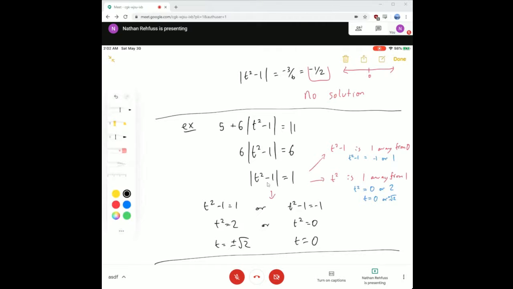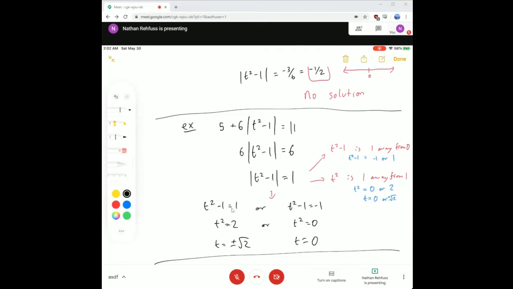The other way to interpret this geometrically is to say the absolute value of a difference is distance. It's saying that this thing and that thing, the distance between them is 1 unit. So t squared is 1 unit away from 1, so it's either 2 or 0. Those are the 2 things that are 1 unit away from 1.